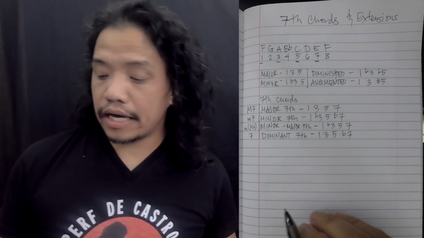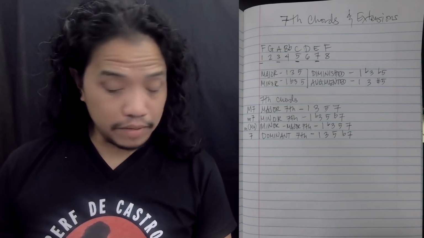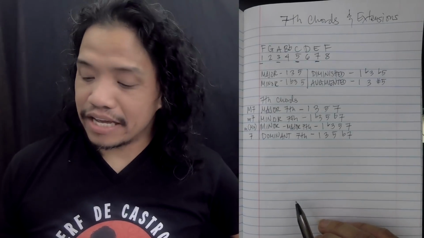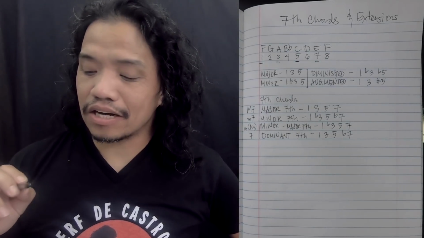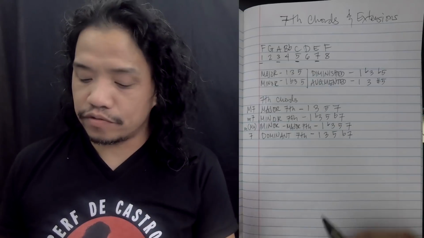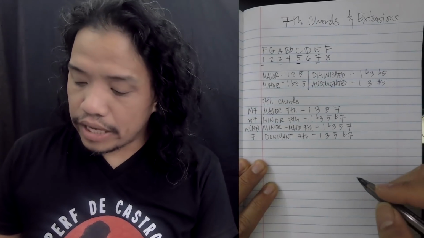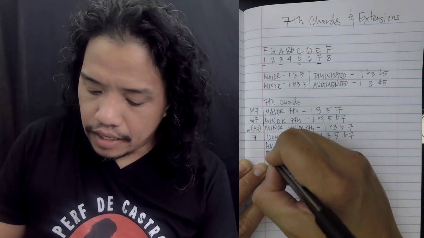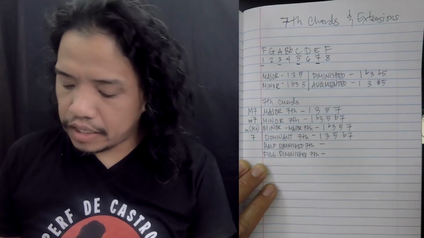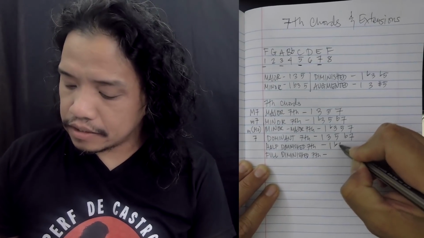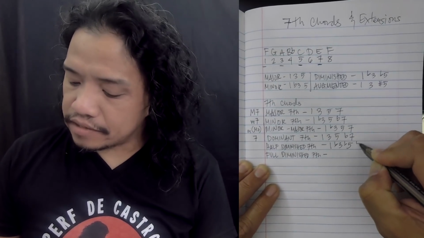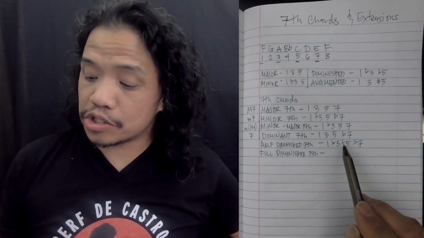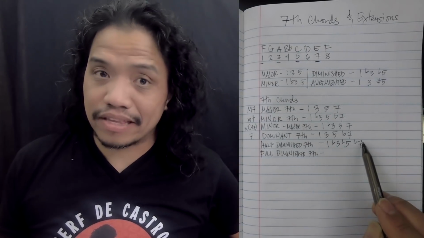Now from here, let's tackle the diminished and augmented chords. Like the minor chord, a diminished 7th chord has 2 versions. Okay, so we have the half diminished 7 and the full diminished 7. So half diminished 7 is a diminished triad with a flat 7. It's half diminished because only the triad is diminished and the 7th is not.